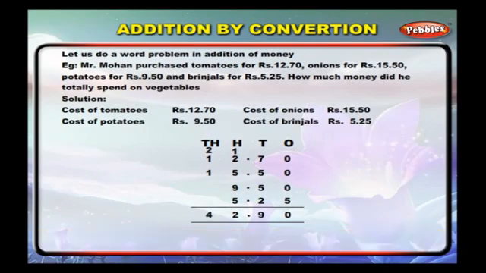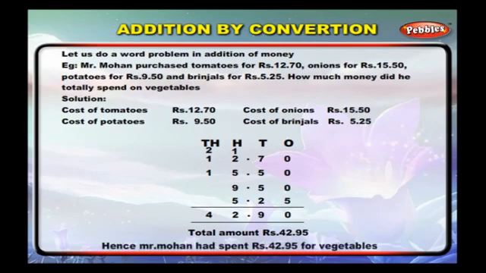Put the point in the same column of the answer. We get 42 rupees and 95 paise. Total amount is equal to 42 rupees 95 paise. Hence, Mr. Mohan spent 42 rupees 95 paise for vegetables.